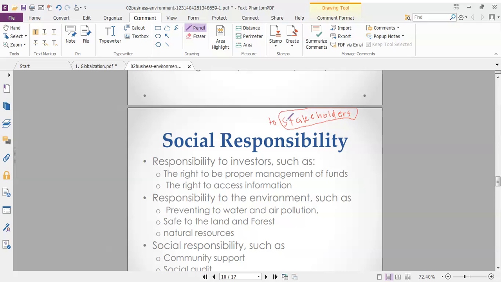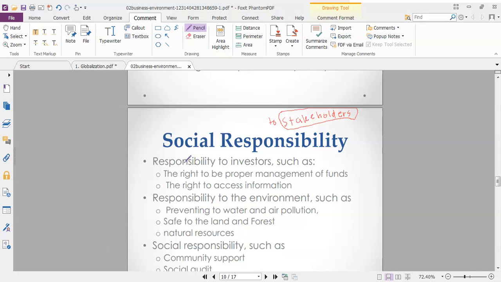That we call stakeholders. So you have the social responsibility. The company should look at the social responsibility of the company to the stakeholders as a whole.